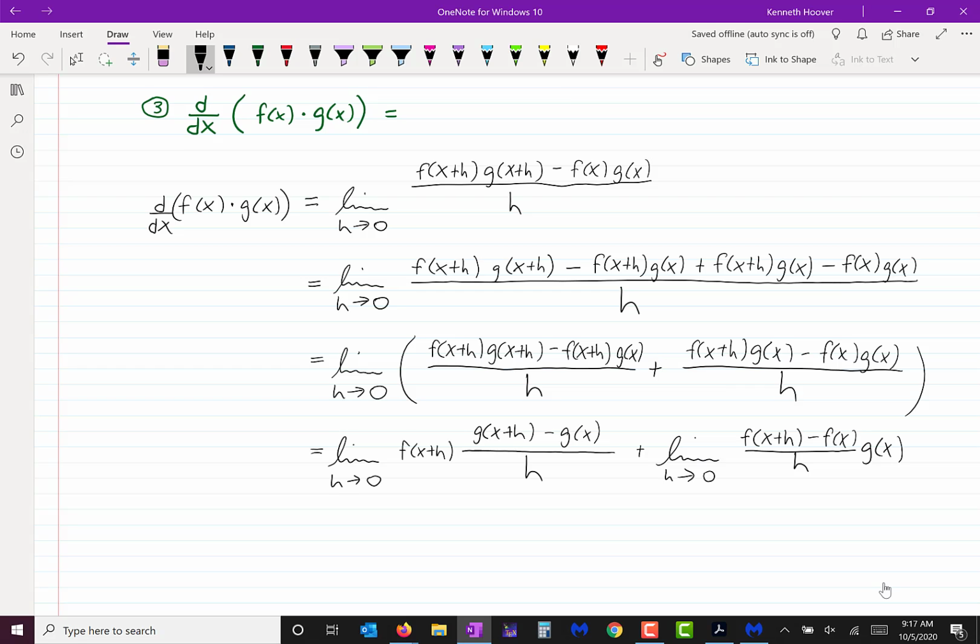Okay, and now let's do the limits. What's the limit of this as h goes to 0? It will just be f of x, right? What's the limit of this as h goes to 0? That's the thing that we call g prime of x.